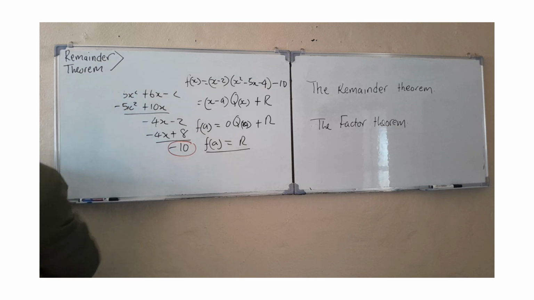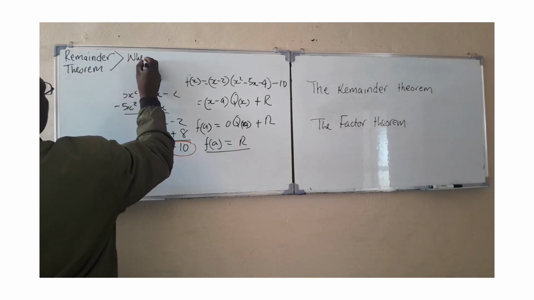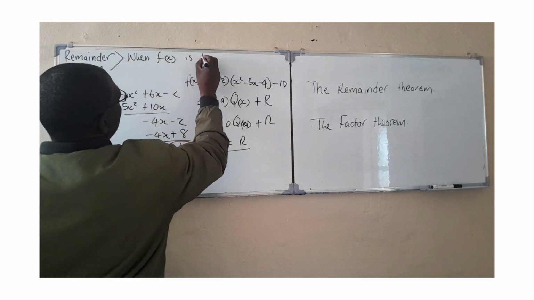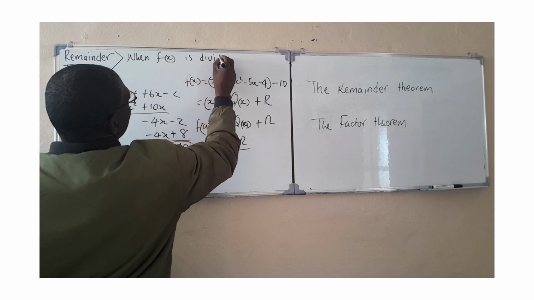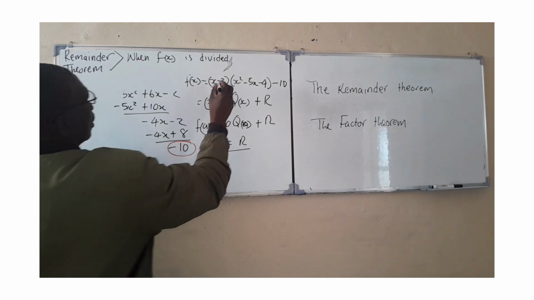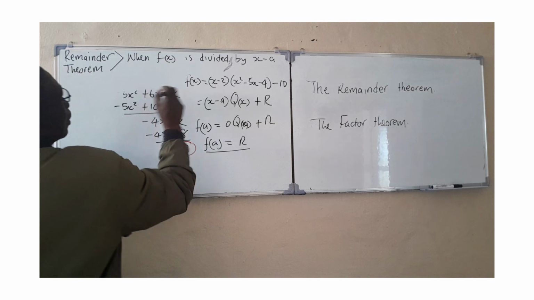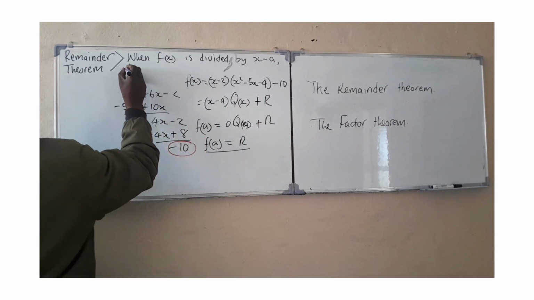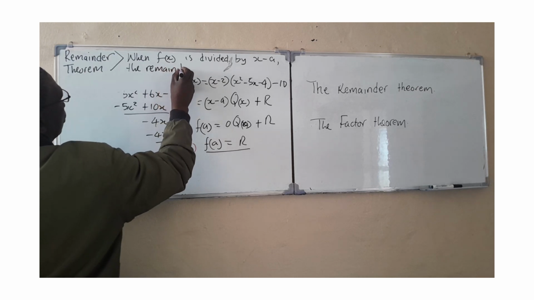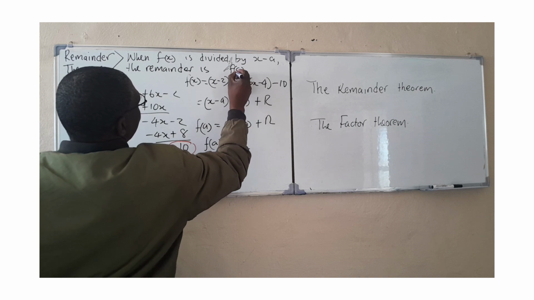Okay, so it says that when f of x is divided by x minus a, the remainder is f of a.